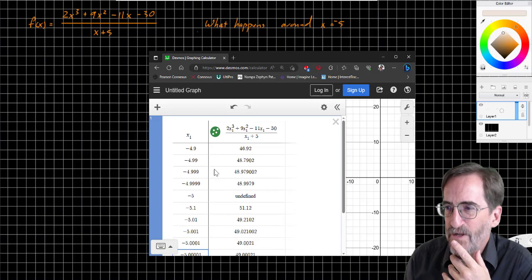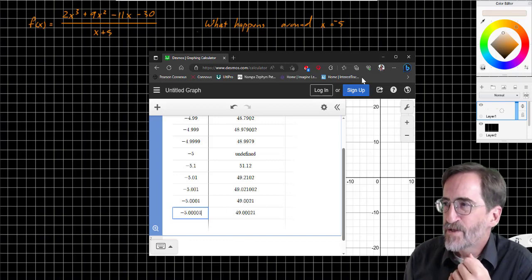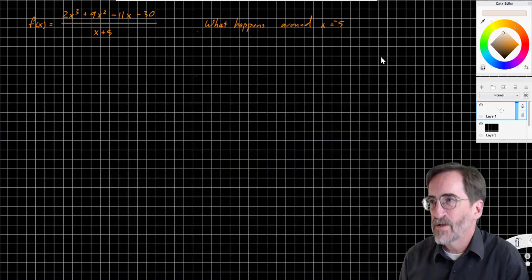From the right, actually, because the numbers are negative, on the top, and then from the left, down here. So this is a concept known as a limit.